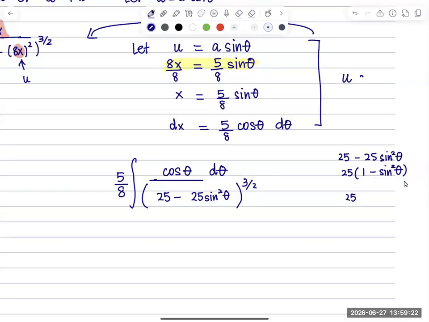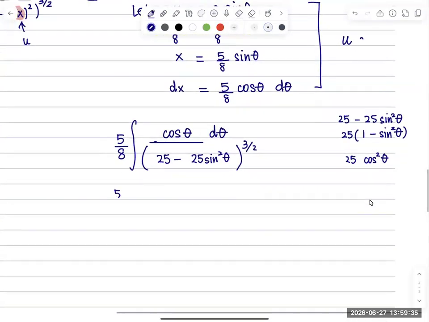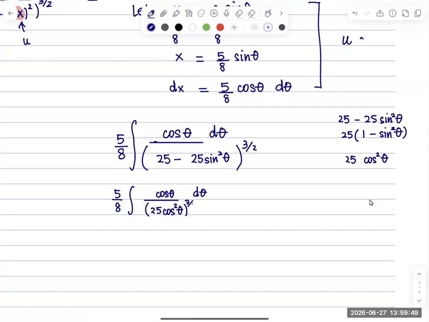So this is going to be 25 cosine squared theta. That is the purpose of trig sub: we turn two terms into only one term using a trig identity. So we will have 5 over 8 times cosine theta d theta, all over 25 cosine squared theta, and the whole thing to the power 3 over 2.